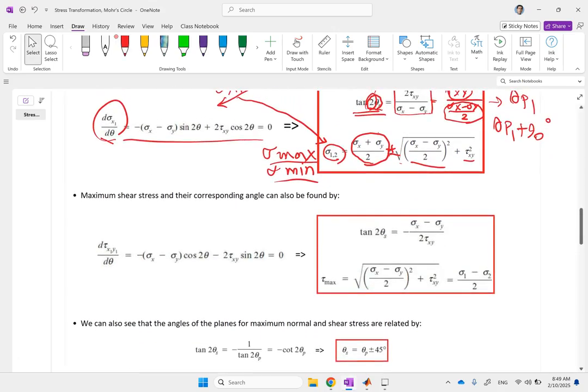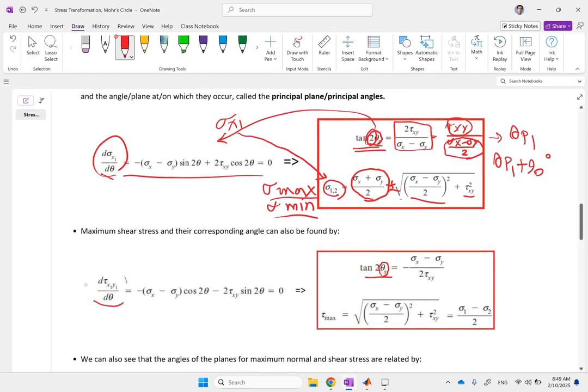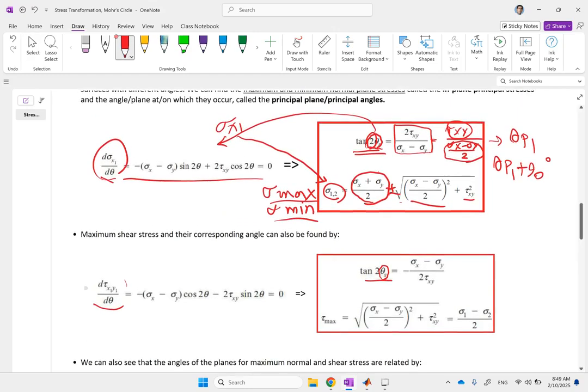About the shear stress, we do a similar thing. We take the derivative of tau x1y1 with respect to theta and set it to 0. You get tangent of 2 times theta s, the angle that makes shear stress maximum. And again, this is very similar. You can also write it as negative of the difference between sigma x and y divided by 2 in the numerator, and the denominator is just tau xy.